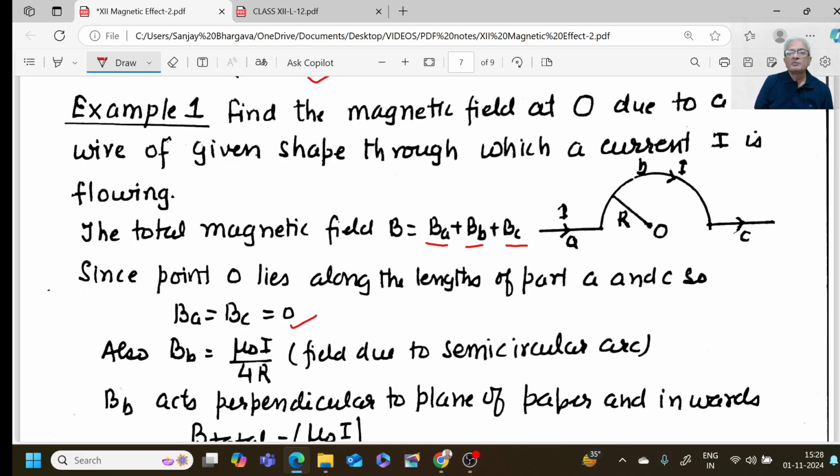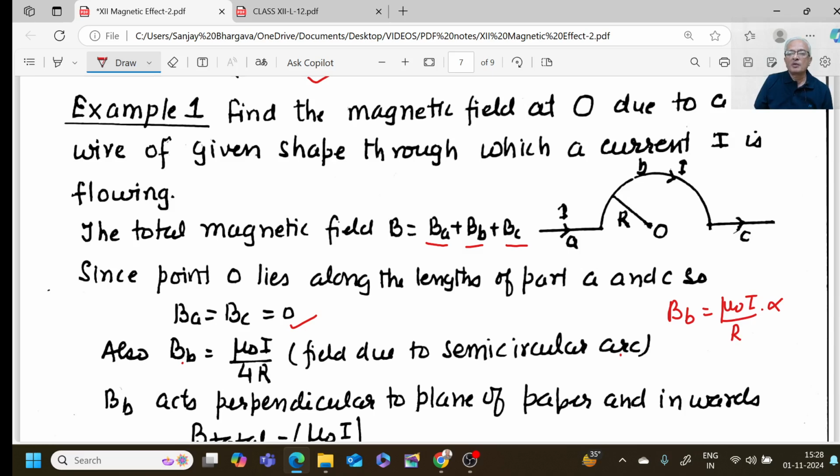Also, the magnetic field due to part B, the semicircular arc, would be equal to mu 0 I upon 4 pi, into I upon R into alpha, and remember, alpha is pi.